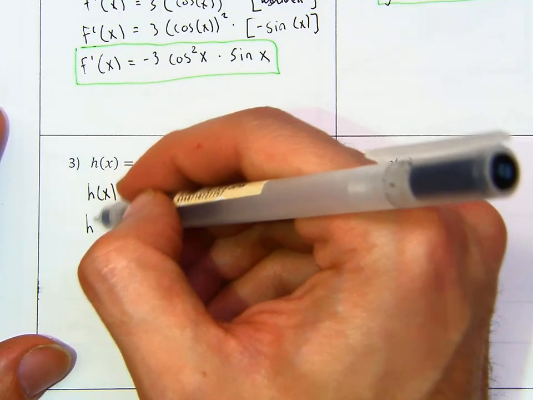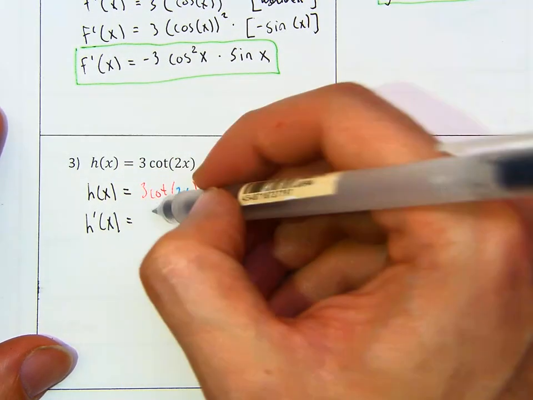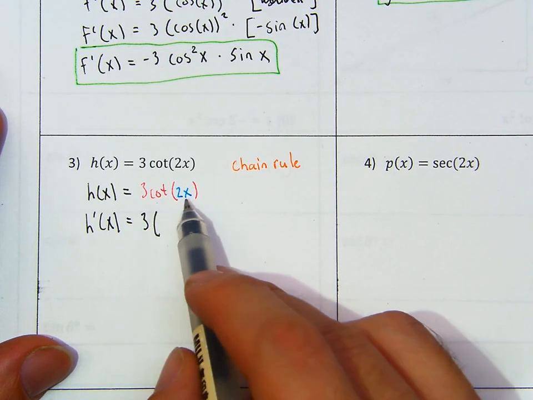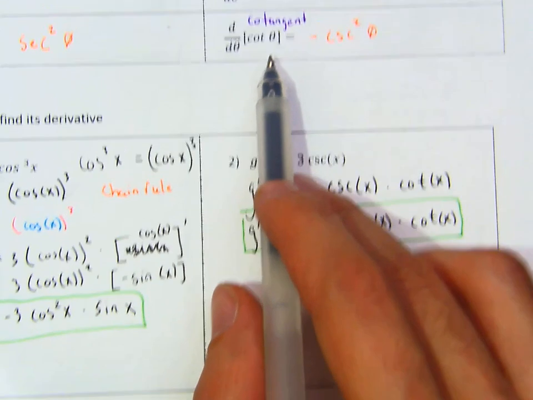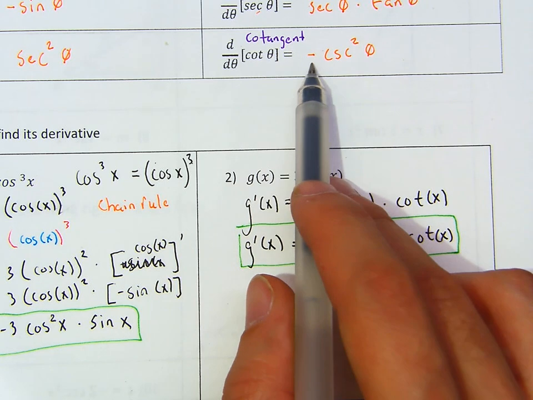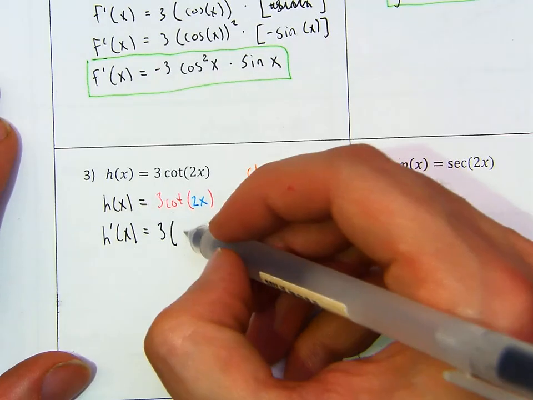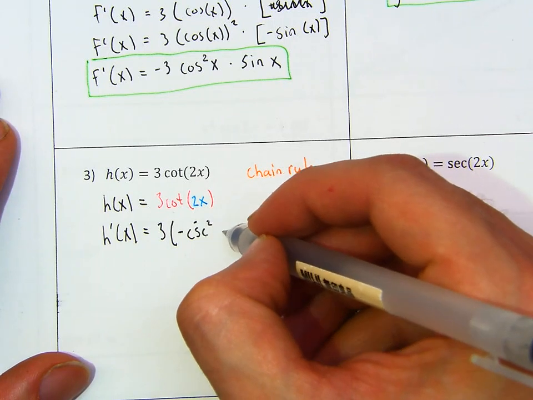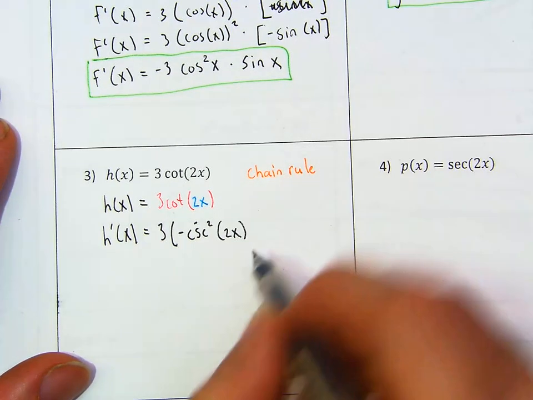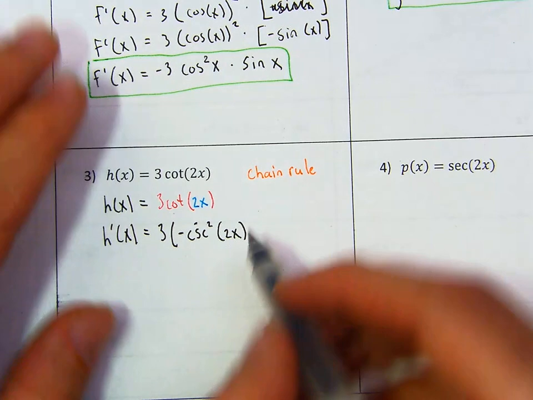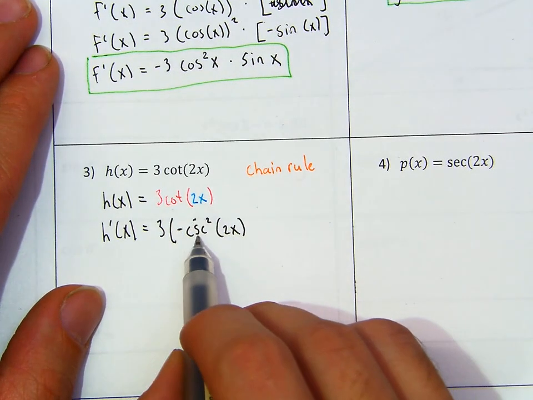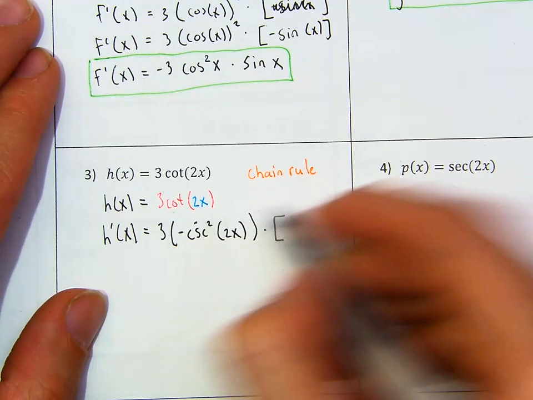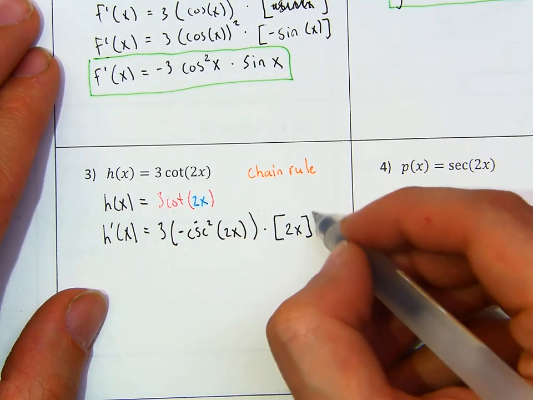So now we have h prime of x is equal to, okay, so 3 times, well, what's the derivative of cotangent theta? The derivative of cotangent theta is negative cosecant squared theta. So we're just going to write negative cosecant squared 2x, times the derivative of what's on the inside, which is that 2x, right?